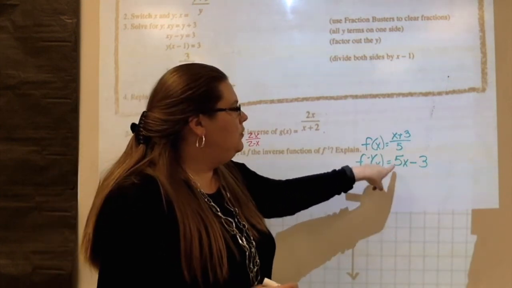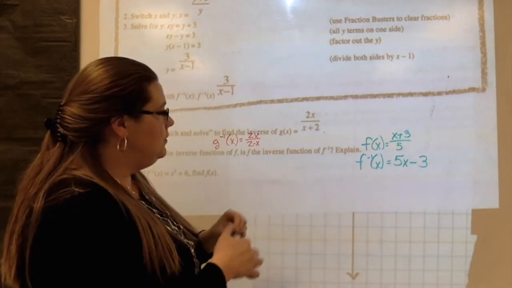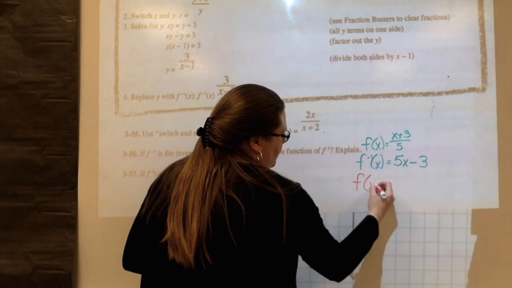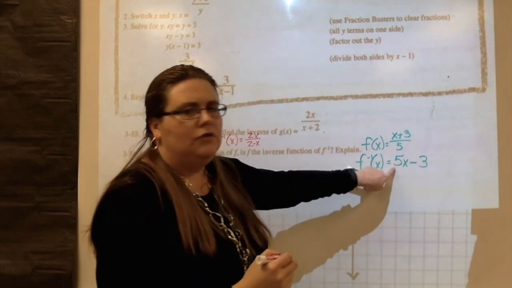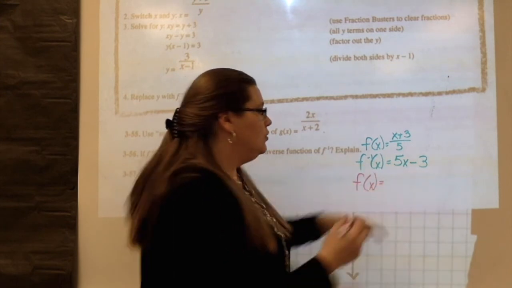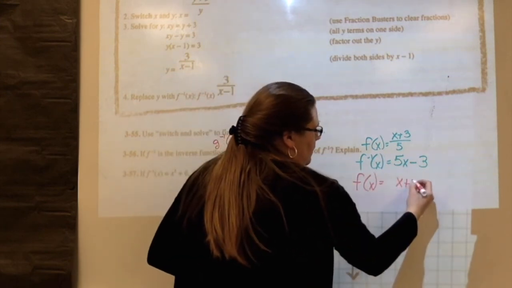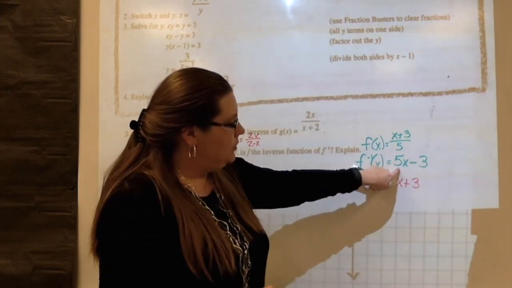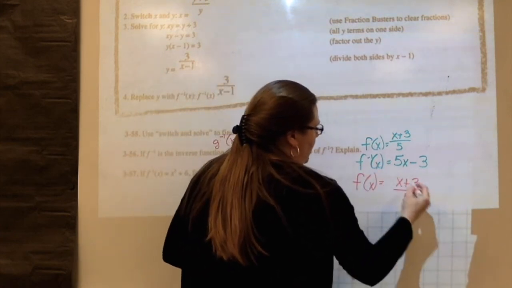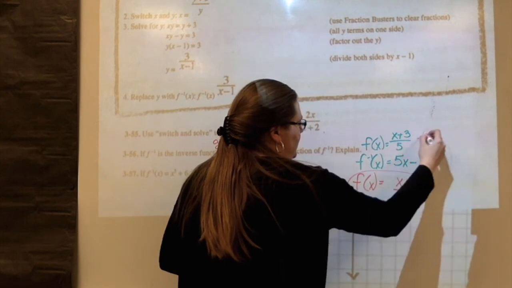So now what if we undo this? If we undo the inverse, does it take us back to f of x? If we undo this function, the last thing that happened to this one was 3 was subtracted. So if we start by adding 3, and the first thing that happened to this equation was 5 was multiplied. So if we finish by dividing by 5, then yes, it does take us back to the original.